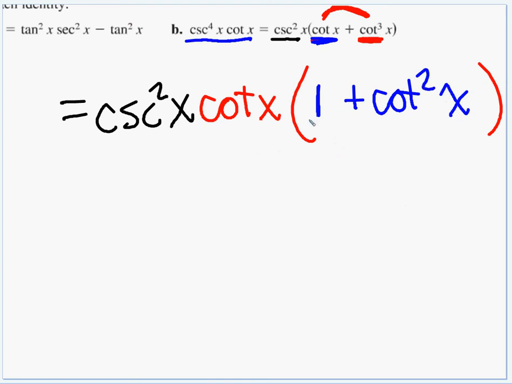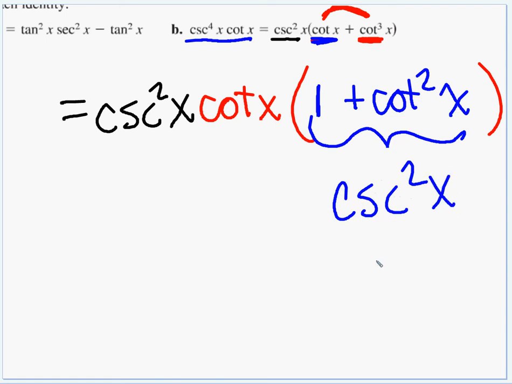Okay, Pythagorean identity time. This 1 plus cotan squared turns into cosecant squared. Cosecant squared of x, that is just a Pythagorean identity.